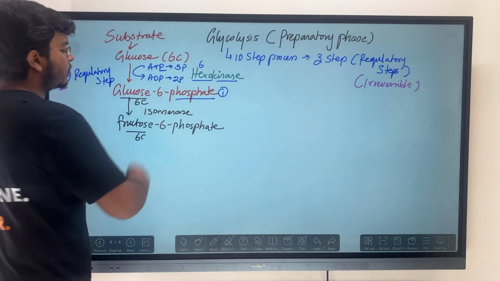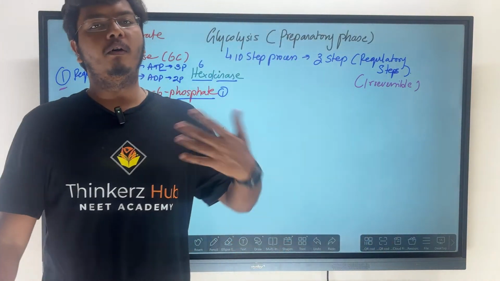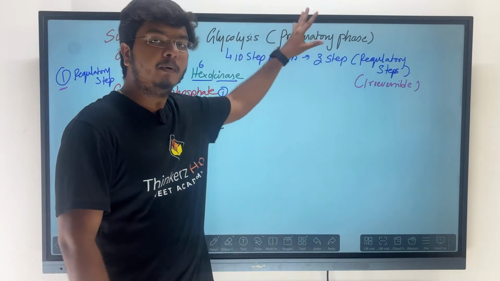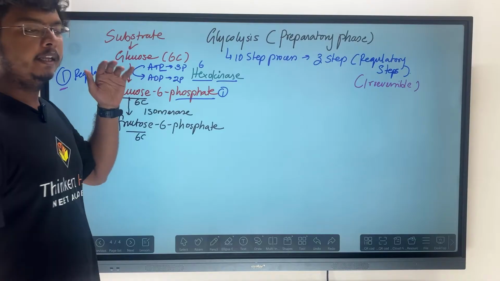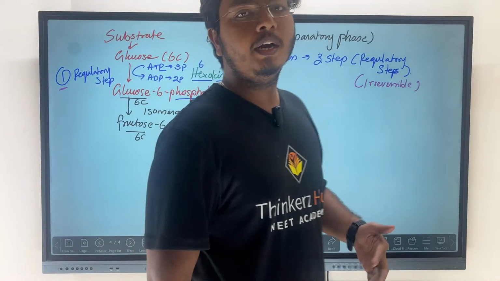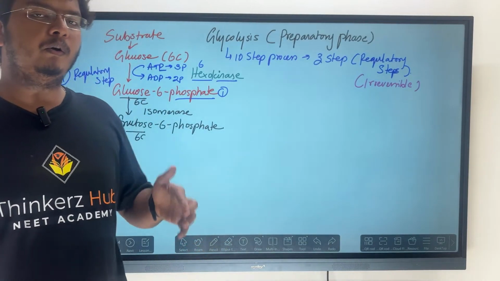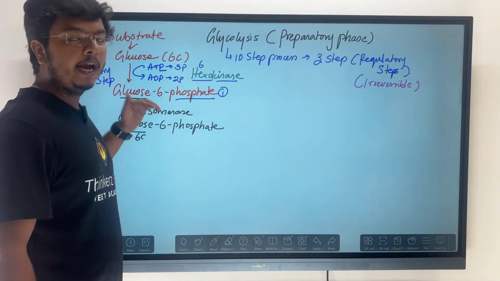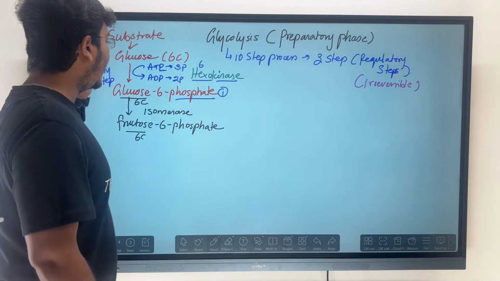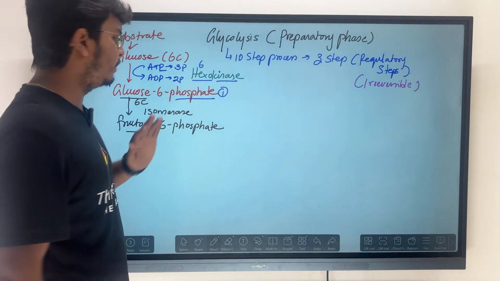The enzyme involved in converting glucose into fructose is called isomerase, because we are talking about the preparatory phase. I'm going to prepare the glucose to get involved in the breakdown process. So I cannot break the glucose as such. Instead, I'm going to convert it into fructose and then start breaking it. So I convert glucose 6 phosphate into fructose 6 phosphate, right?